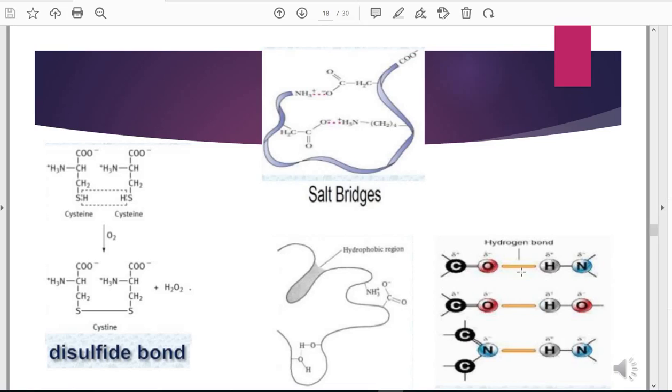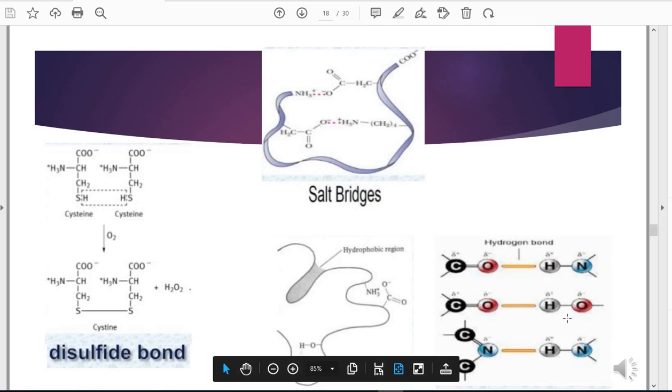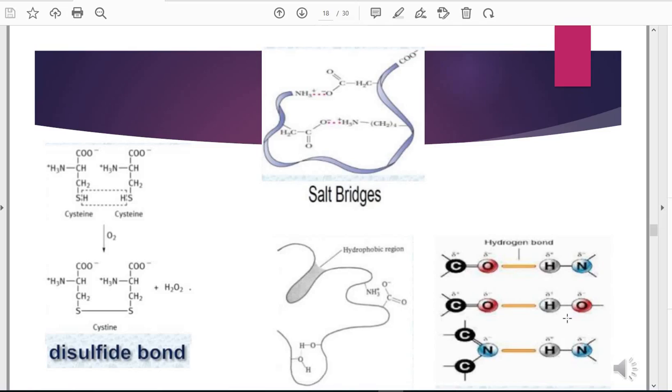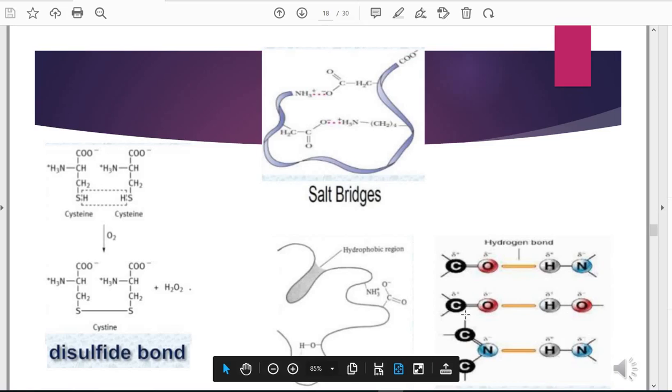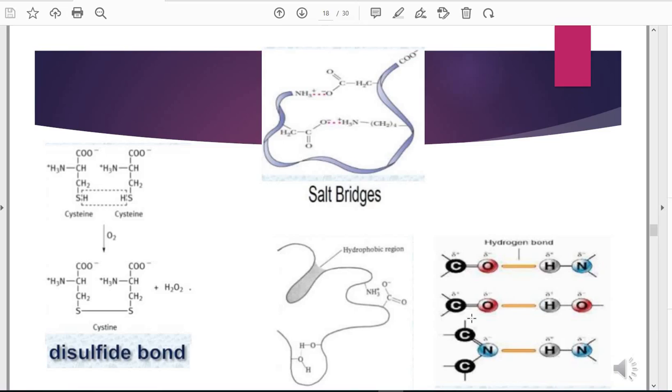It can even be formed between the hydroxyl hydrogen of a hydroxy amino acid like serine and the carboxylic oxygen of an acidic amino acid like aspartate. This is the hydrogen bond, the first bond.